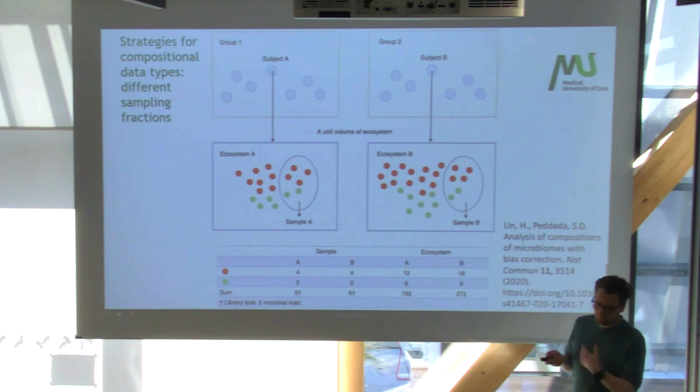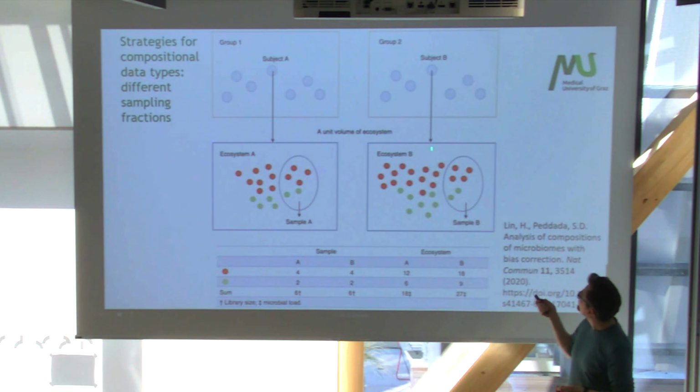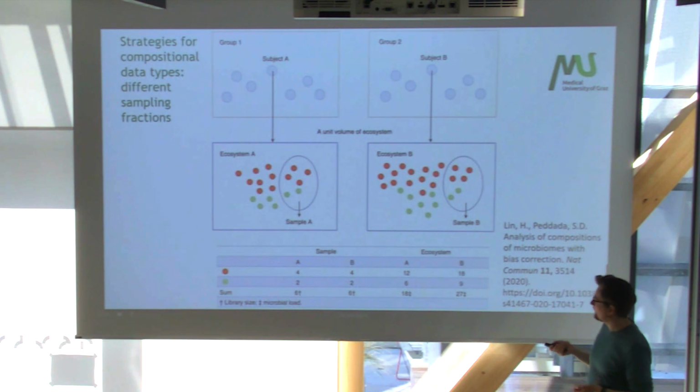We can't usually sample every molecule in an environment. So what you see here is the other example with subject B. In the ecosystem there are many, many more microorganisms, but the sampling fraction is the same when it comes to the depth. This is shown here in the table.